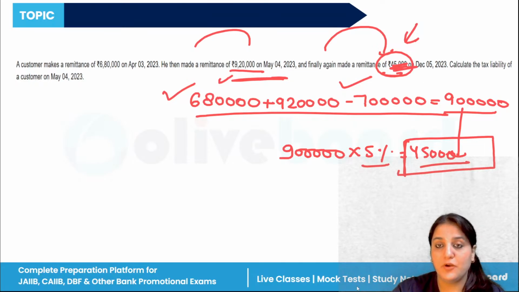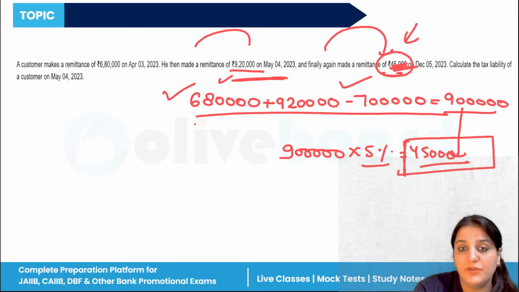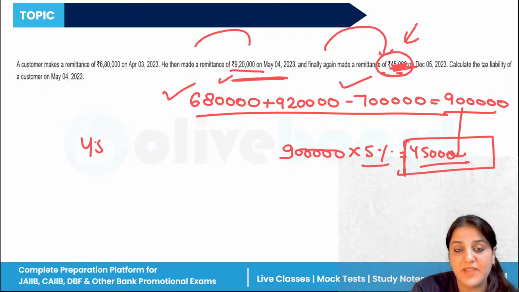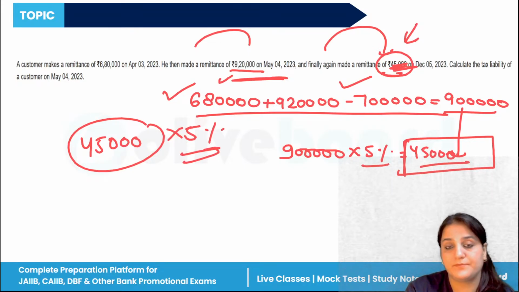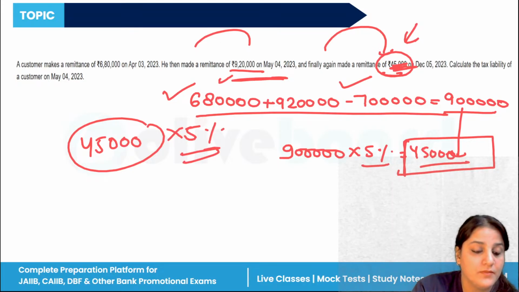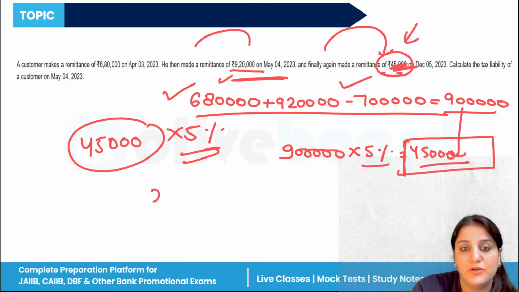Okay, because the remitter already crossed the limits, so that 45,000 is okay, but we have to calculate 5% on the 45,000 also. So 5% of 45,000 is 2250.